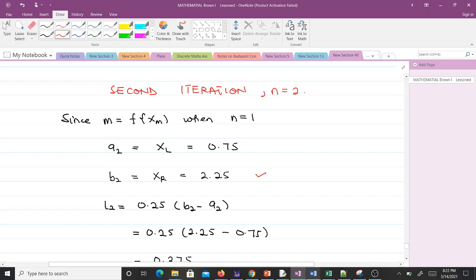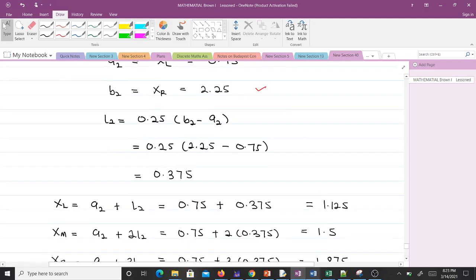So we compute l2, and know that we are using everything from the algorithm we discussed earlier. So l2 is equal to 0.25 times b2 minus a2, which is 0.25 times 2.25 minus 0.75. And doing this computation gives us 0.375.